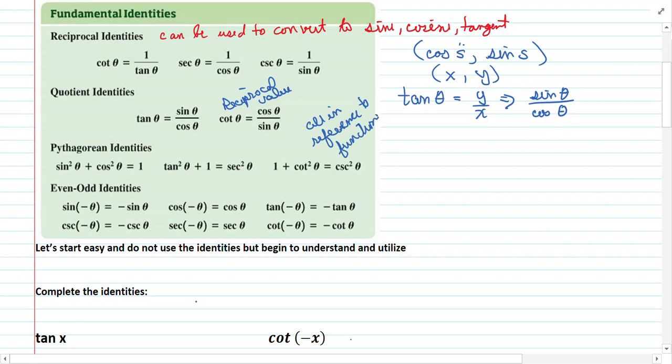All right. Now this one is very critical. We understood that in a right triangle, we had a squared plus b squared equals c squared, right?